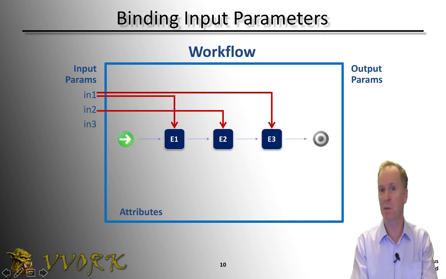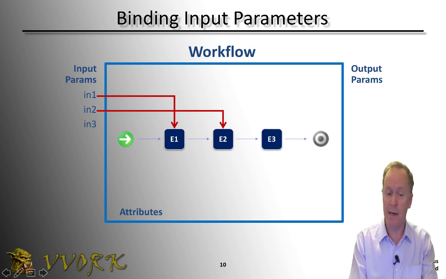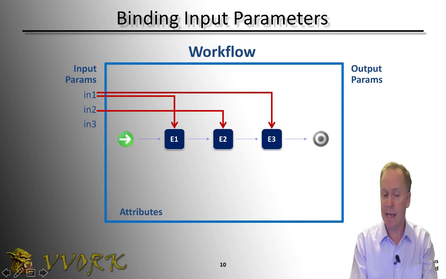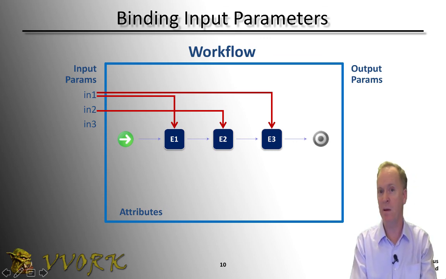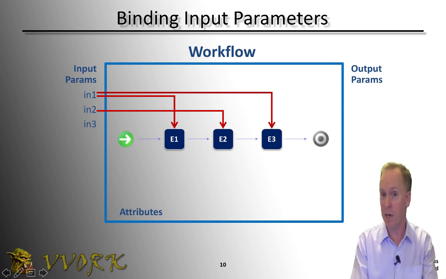Those numbers don't match because they don't have to match. Another thing though that I want you to notice with this new binding, the one I'm making blink, is that this input parameter in1 has now been bound to 2 different schema elements. It's been bound to schema elements E1 and E3.